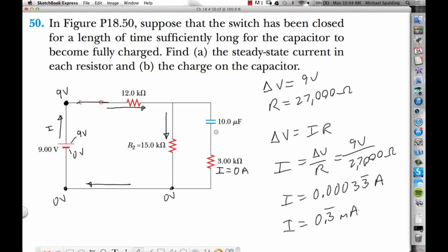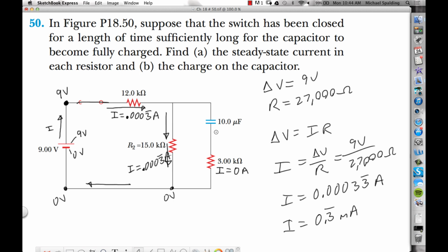Okay? So that's the first question, that's A. So we found the current here is 0.0003 repeating amps, and the same thing with this current here. Okay, any questions with that?